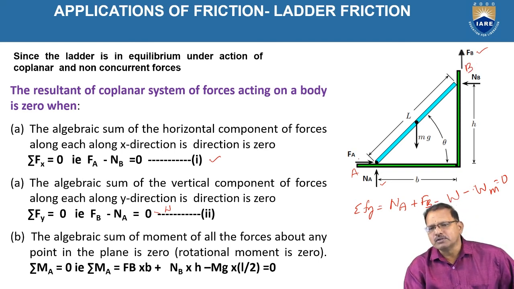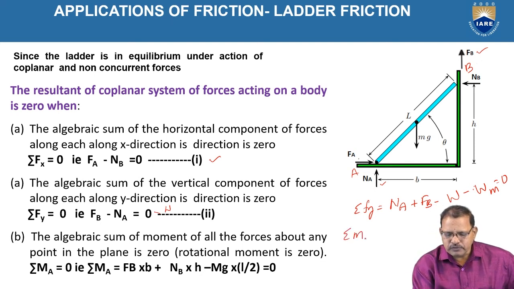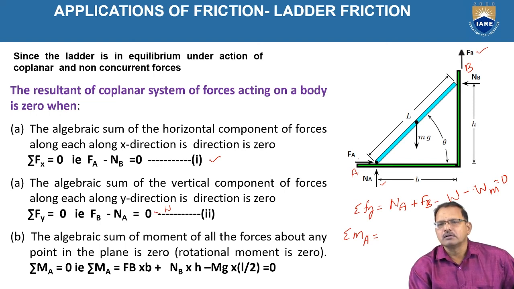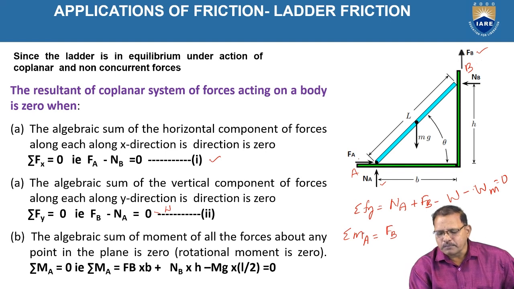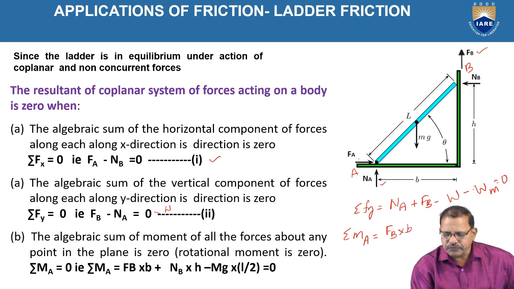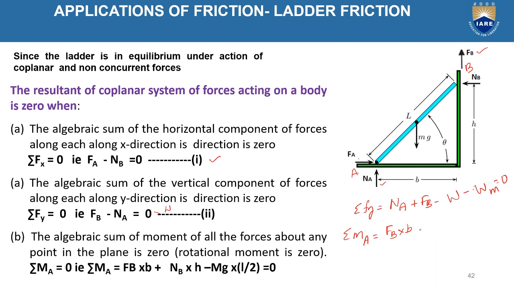When I take MA equal to 0, that is the moments created by the forces at A, here I am considering forces which tend to rotate the body in a counterclockwise direction as positive, and clockwise direction as negative. Here FB tends to rotate the body in a counterclockwise direction, hence positive, so FB times the perpendicular distance from the point of application to the point we are considering, small b, positive. Similarly, the normal reaction also tends to rotate the body in a counterclockwise direction, but the perpendicular distance is h.